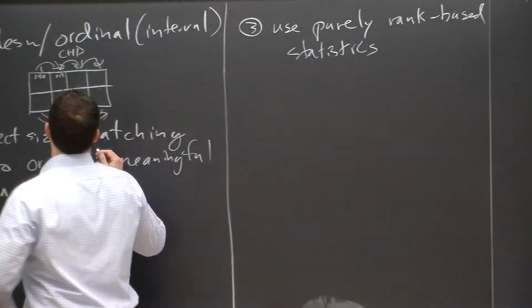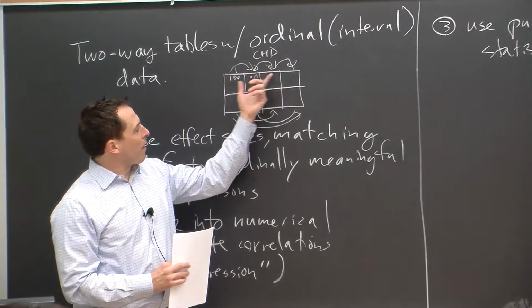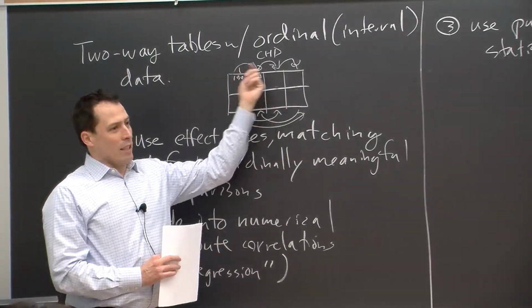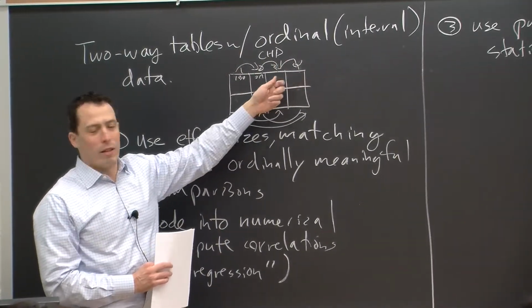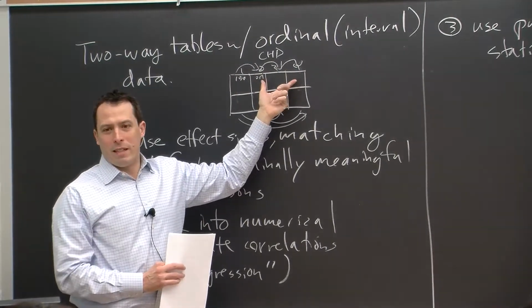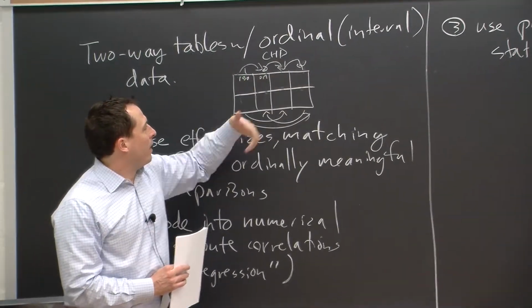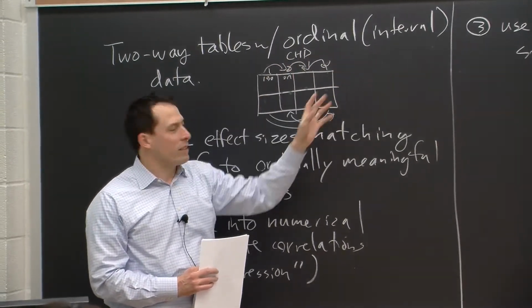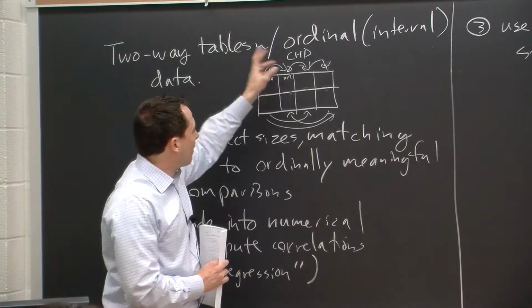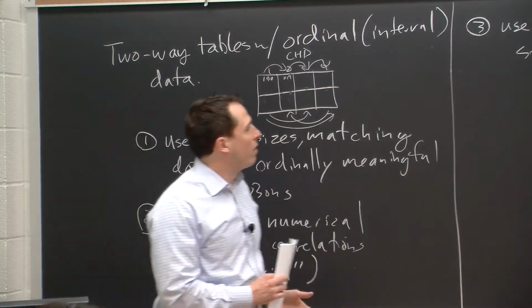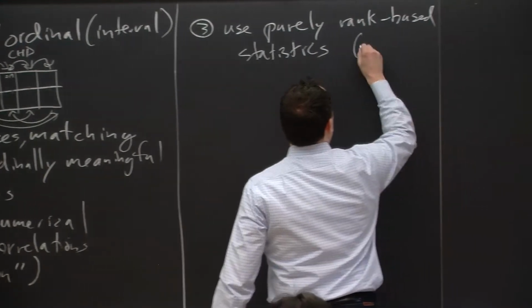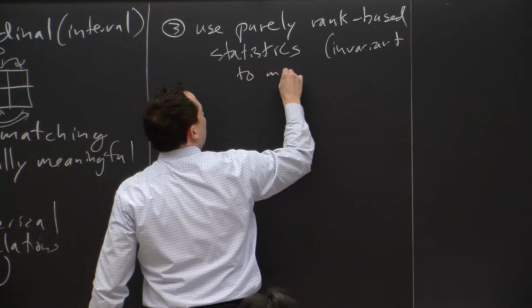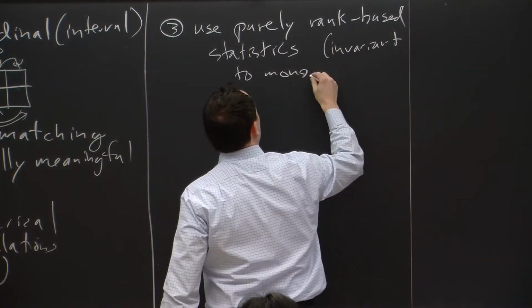So they're totally agnostic about, if I think of this as say cholesterol, maybe to get the best linear relationship, I should take the log, or I should subtract a constant from it, or I should do some other transformation. If I use a rank-based statistic, it just completely ignores that. It only cares about the relative rank positions of these, and is not even able to pick up what transformation. So they're invariant to transformations, which is a pretty good definition of what it means to be a rank-based statistic.